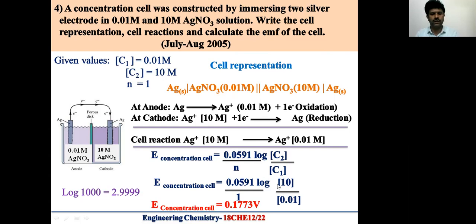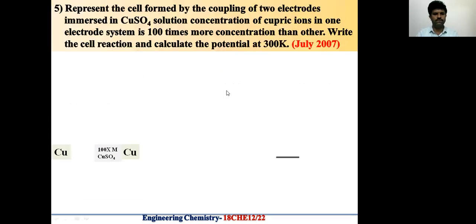So if we substitute and calculate these values, we will obtain EMF of concentration cell is equal to 0.1773 volt. So this is about problem number 4.